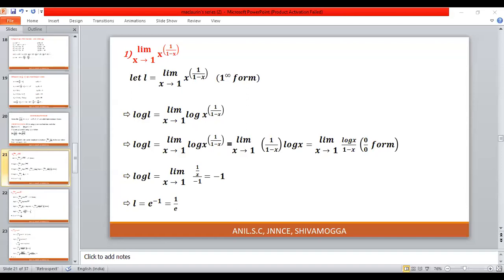I think this is the last problem we discussed in the previous class. Limit x tends to 1, x power 1 divided by 1 minus x. Correct? This was the last problem. Fine.